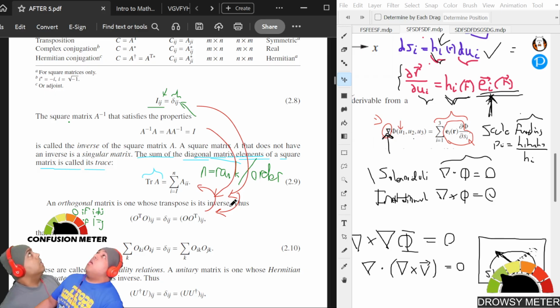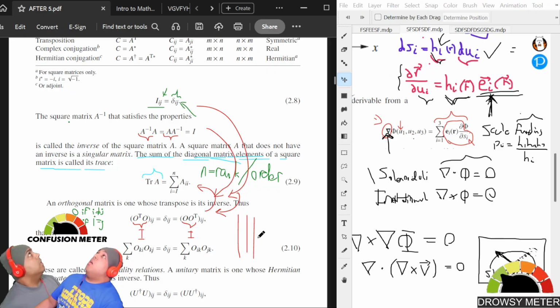If the transpose is the inverse, then O^T times O, I just need to think of this as I, and this is also I. The reason we have these two equations is to show it has the same properties as the inverse: O^T O and O O^T equal I. That is the sum over k of O_ki O_kj.